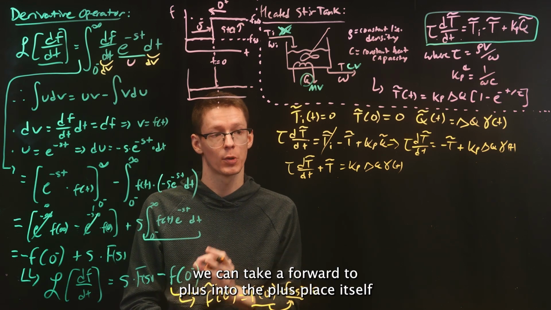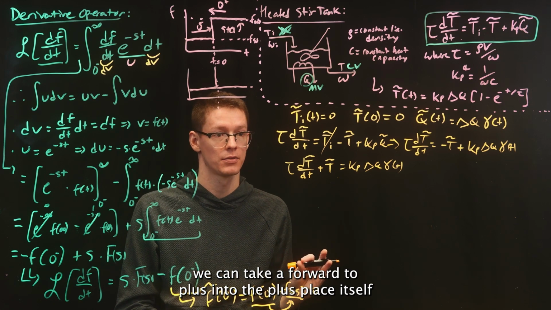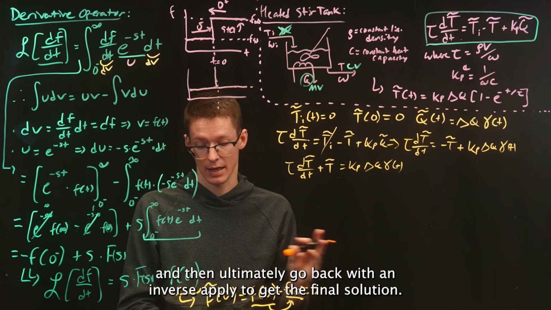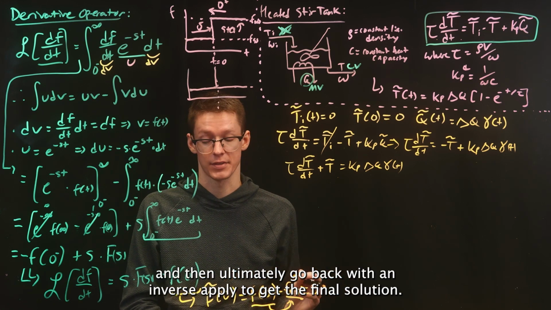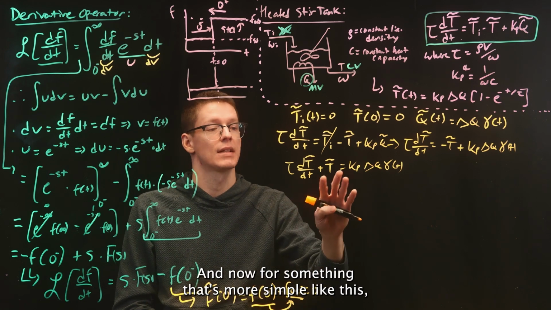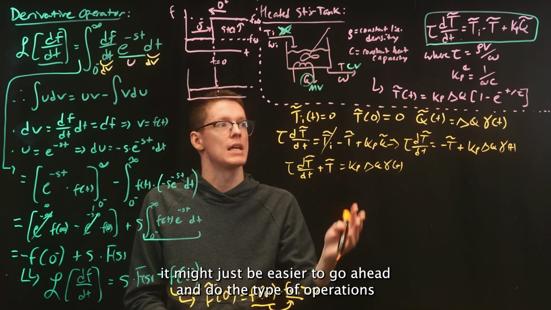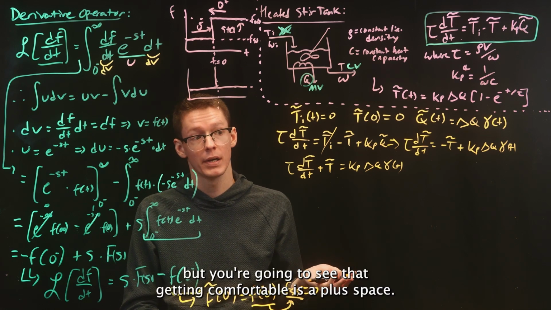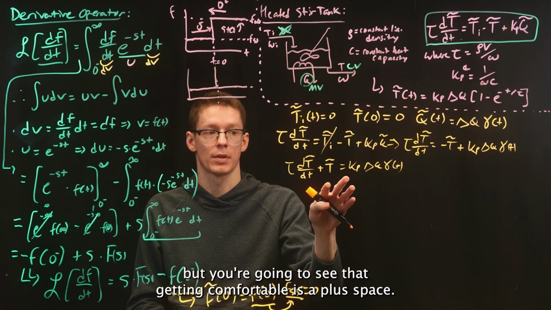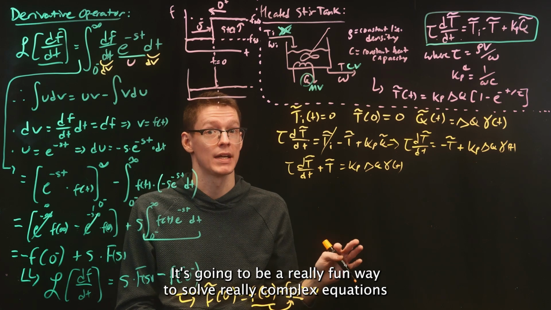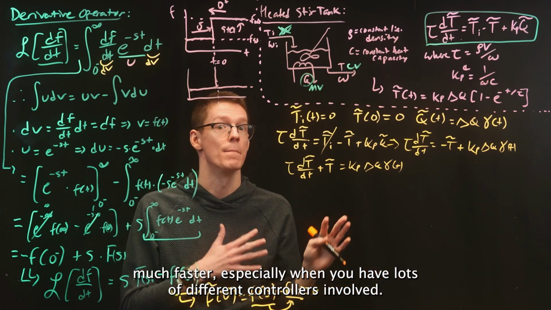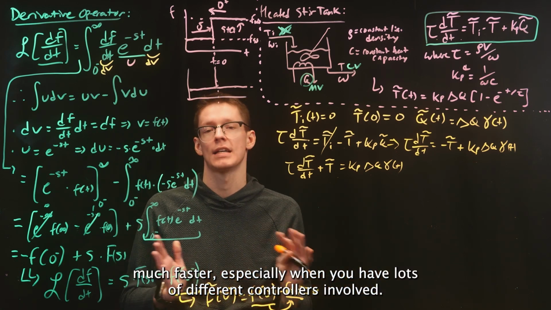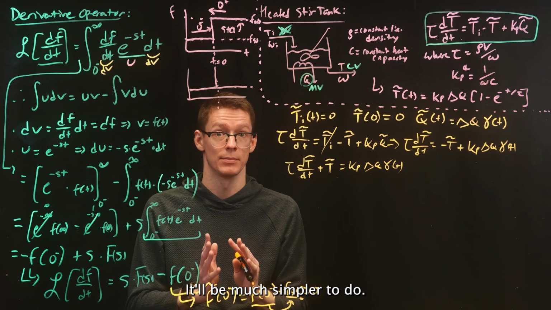We can take a forward Laplace into the Laplace space itself and then ultimately go back with an inverse Laplace to get the final solution. And now for something that's more simple like this, it might just be easier to go ahead and do the type of operations we were doing before, but you're going to see that getting comfortable with Laplace space is going to be a really fun way to solve really complex equations much faster. Especially when you have lots of different controllers involved, it'll be much simpler to do.